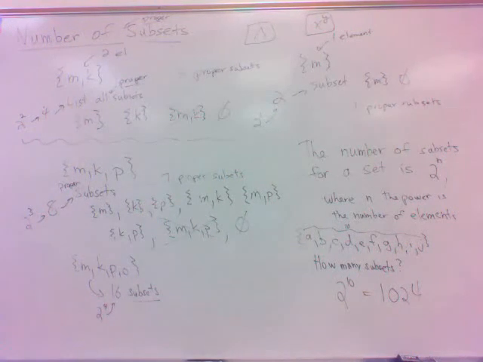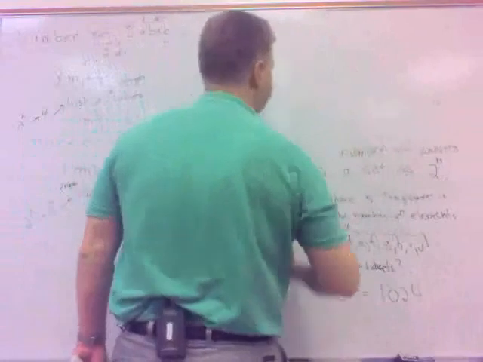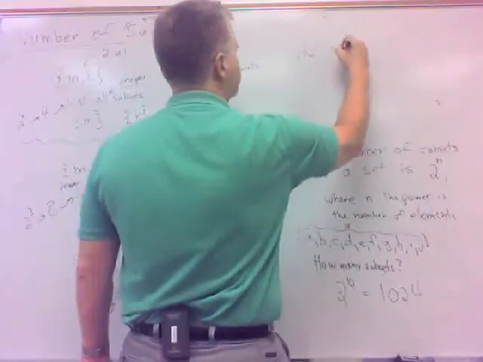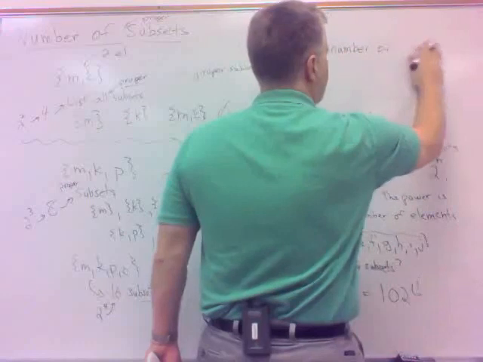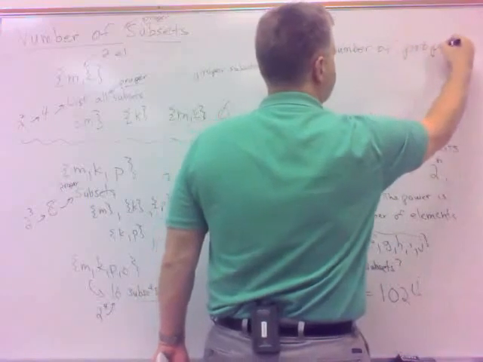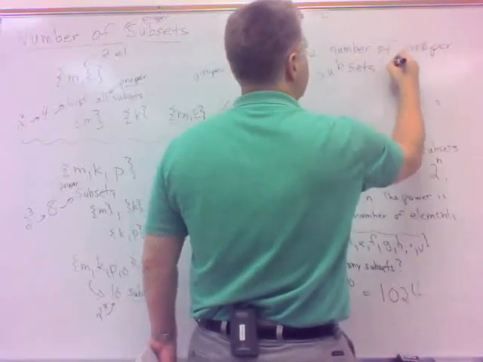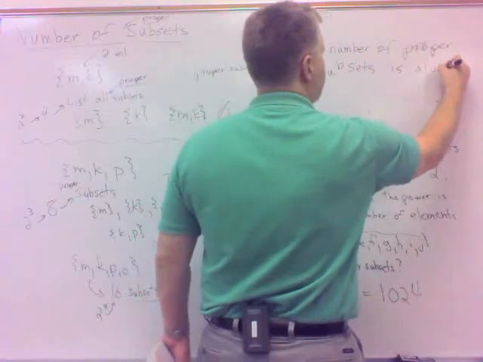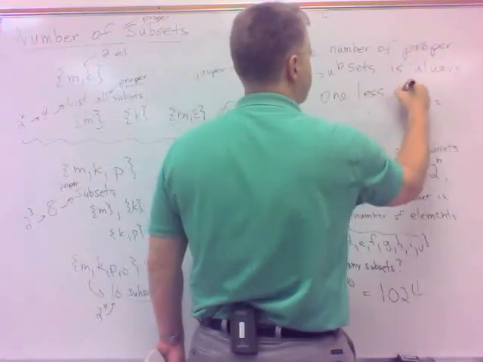It's 1 less. That's the rule. The number of proper subsets is always 1 less than the number of subsets.